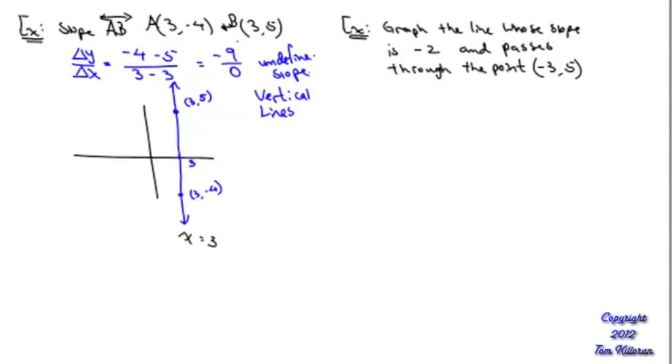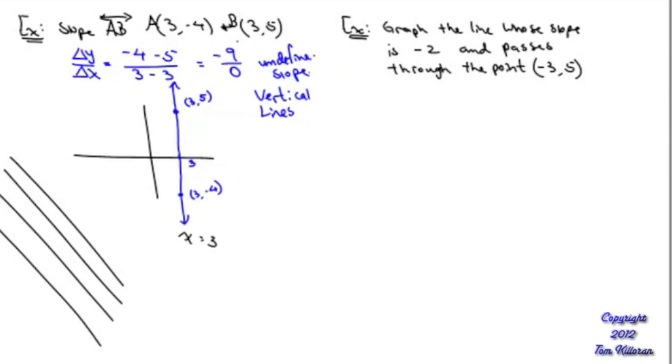Now, a couple questions. How many lines have a slope of -2? Excuse me? How many lines have a slope of -2? Just one. Just one, really? Too many. Here's a slope of -2. Here's another slope of -2. Here's another slope of -2. Here's another slope of, how many? Infinite.